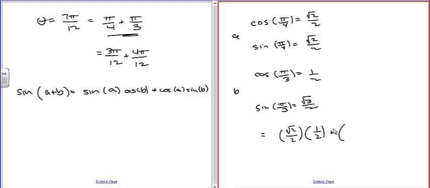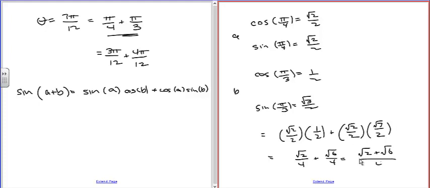And we add the cosine of A, which is the square root of 2 over 2, times the sine of B, which is square root of 3 over 2. So that's the square root of 2 over 4 plus the square root of 6 over 4. And we have a common denominator, so you get the square root of 2 plus the square root of 6 over 4.